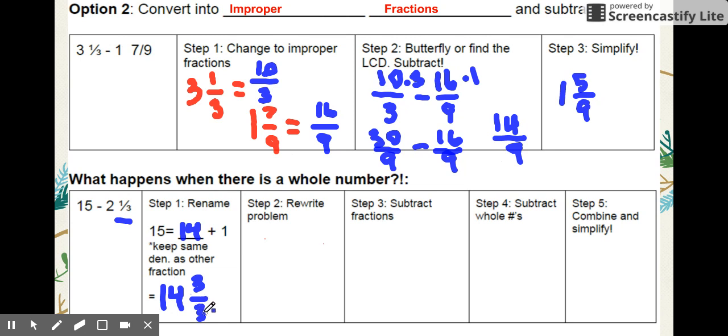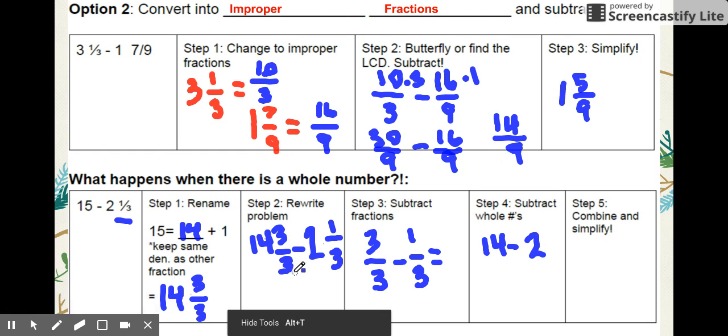So if you combine 3 over 3 with a 14, you're technically back at 15. It's super confusing, but all we've done is take 15, subtract 1, and then to gain that other 1 that we took away, you make the fraction be something that equals 1. But make sure that the denominator is the same as the other fraction. So now you have to rewrite the problem.